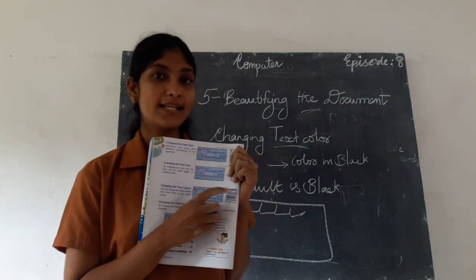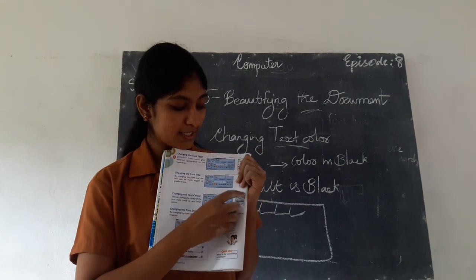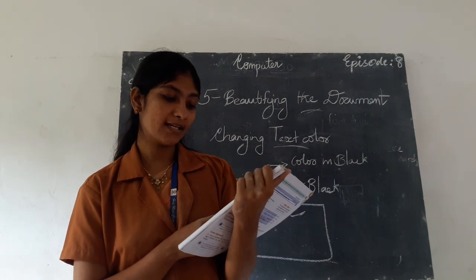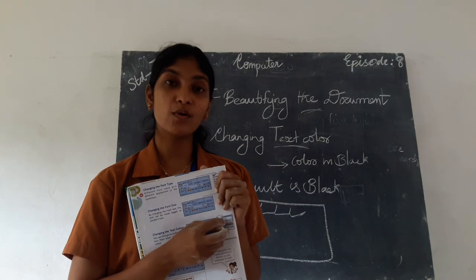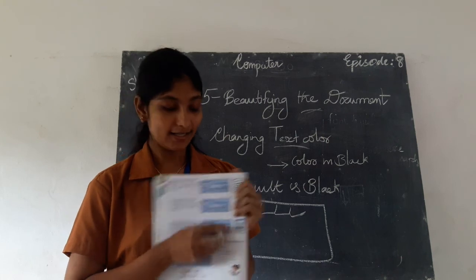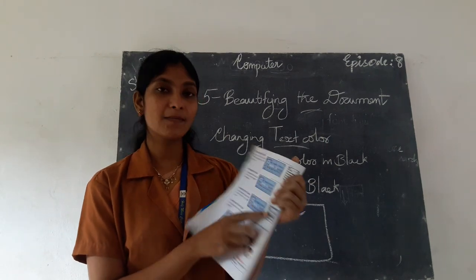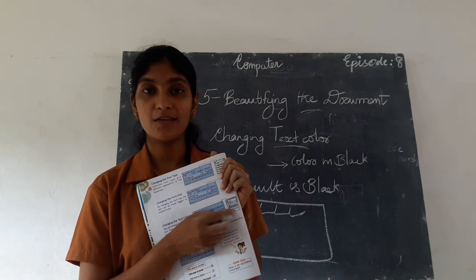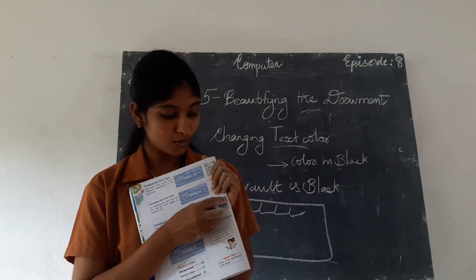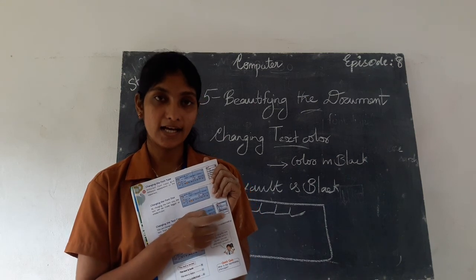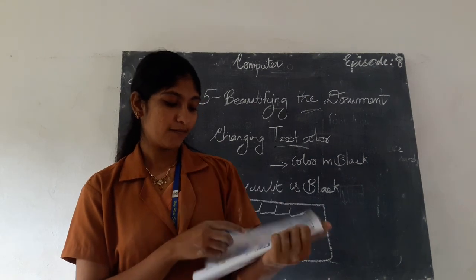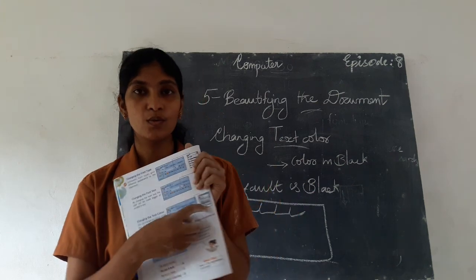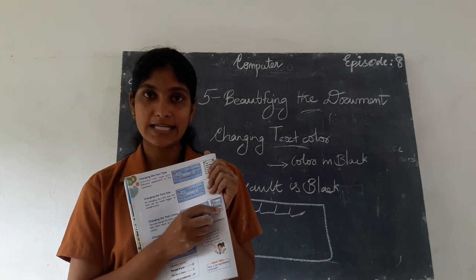When we click the letter A, it contains two options: automatic, which means the default color, black, and then theme colors. Under the theme colors there is a variety of colors, so you can select from here. For example, if you want red color, go to red and click on that.